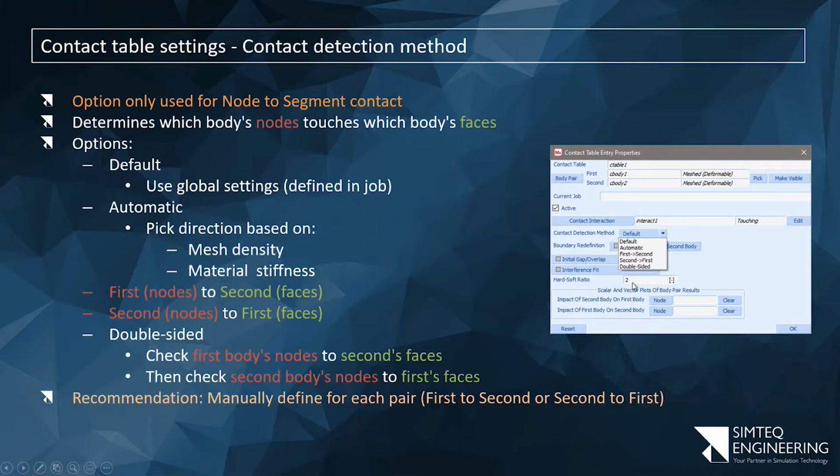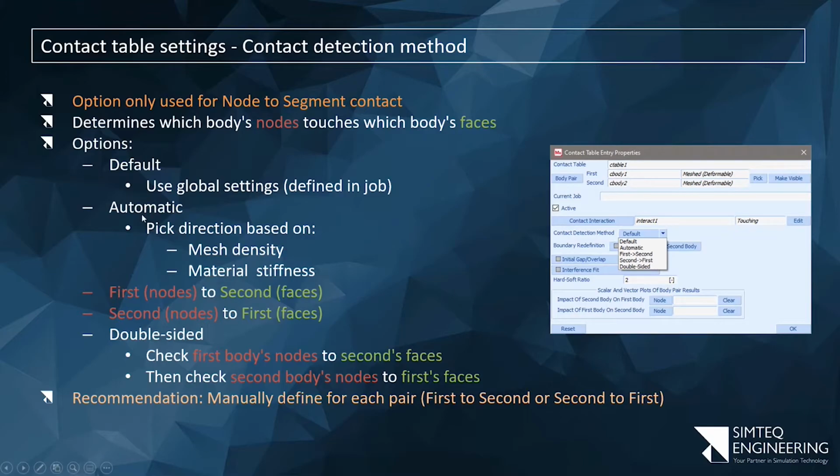And this hard-soft ratio says if the elastic modulus or the stiffness of the two parts differs by more than a factor of two, it'll base it on material stiffness. In other words, if you look at steel and aluminium, steel is around 200 gigapascal, aluminium around 70. So that ratio is just below 3. So in that case, you'll look at material instead of mesh density. So that's for the automatic method.